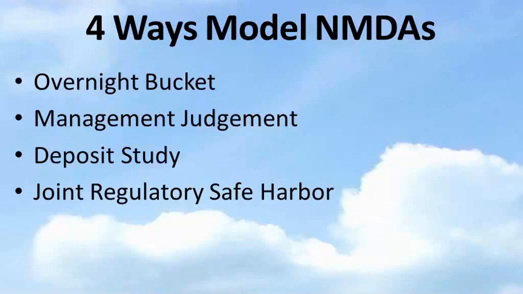The fourth way is the joint regulatory safe harbor, and this came out of Fiducia 305, which in and of itself was an outgrowth of the thrift crisis. What happened here was the regulators decided that one of the things they were going to do, they were going to propose that all insured financial institutions be subject to the same industry-wide interest rate risk model, and that this was going to let them compare apples and apples and rank order banks according to interest rate risk.